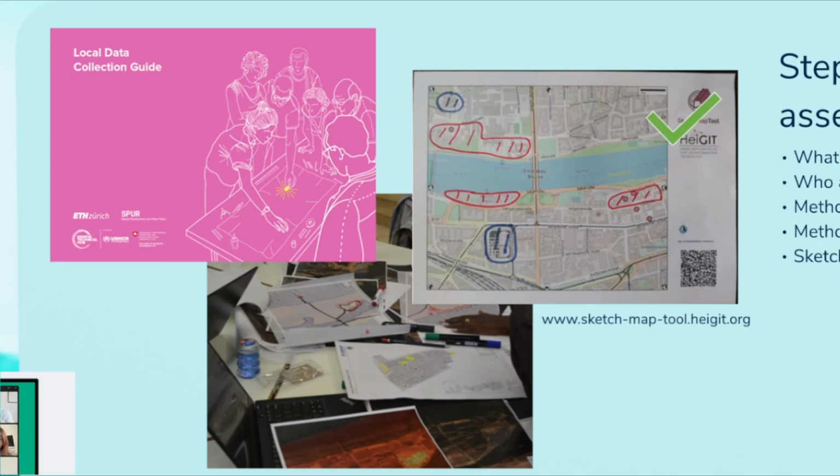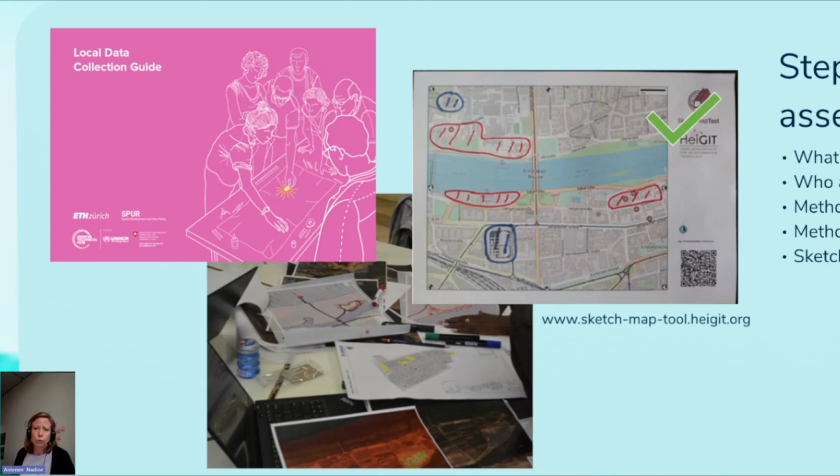Is it the residents of the settlement? Is it the residents of the host community? Is it the local authorities? Then you try to map the hazard, but also the vulnerabilities, on paper maps together, and try to collect as much information as possible in this manner.